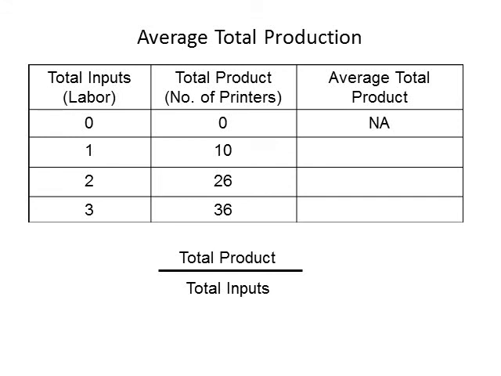Next, let's move down to the next row where there is a 1 in the total inputs column and 10 in the total product column. Let's locate the total product column and the total product in the formula.